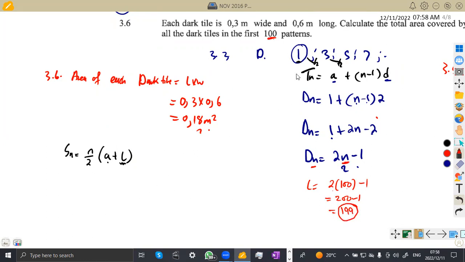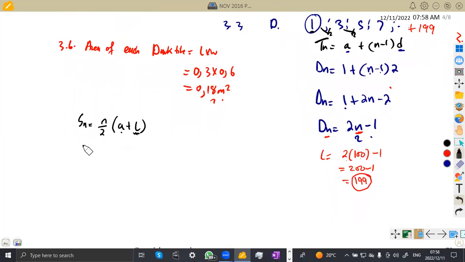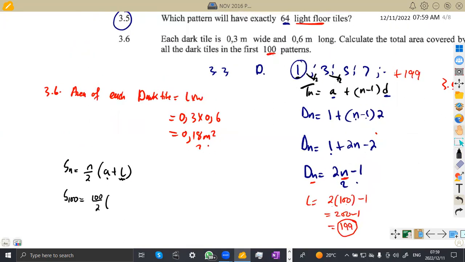So we are supposed to add 1 plus 3 plus 5 and so on up to the last term, which is 199. Instead of doing that, guys, we can't be adding these terms on our calculator. We can simply substitute in this formula for sum of terms to say that the sum of the first 100 terms is the number of terms, 100 over 2, times a, the first term, which is 1, plus the last term, which is 199.